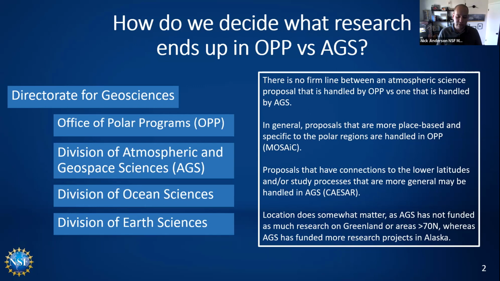So AGS has CSER, and we're sharing it, like a quarter, with Arctic Natural Sciences. So you see how we can kind of share. And then location does somewhat matter. AGS doesn't really fund much on Greenland or the true Arctic, but we do fund a number of research projects in Alaska.